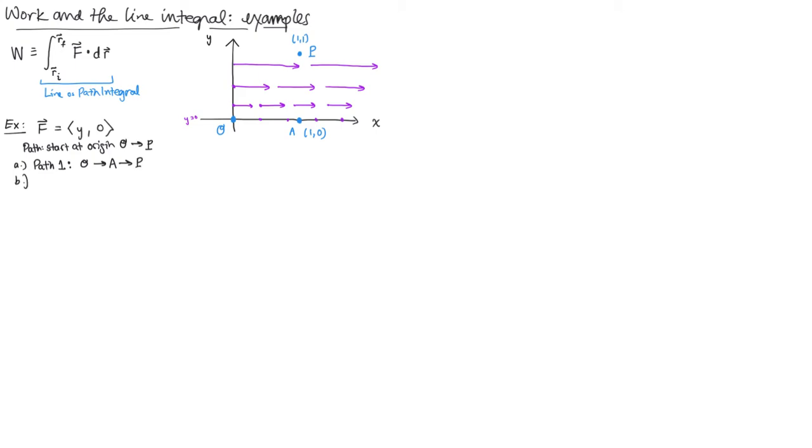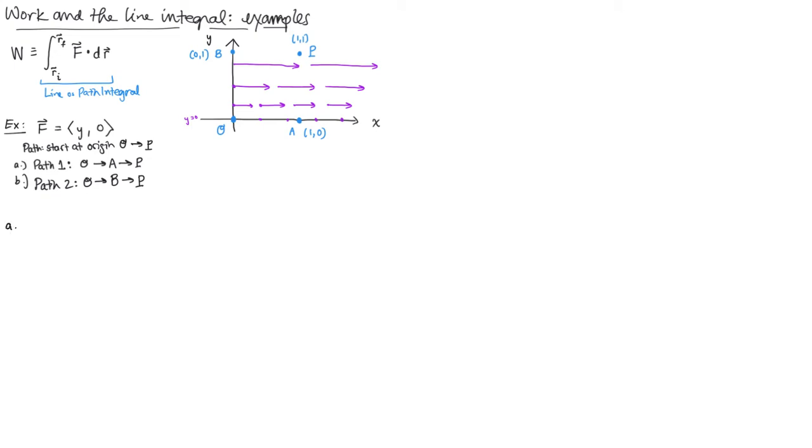And then in part B, we'll take path 2, which is O to P, but we're going to get there via point B, which is at coordinates 0, 1. And that is the game. So we're going to do two different path integrals. And what we're going to find is that the work done by this force is different for the two paths. So let's see why that is.